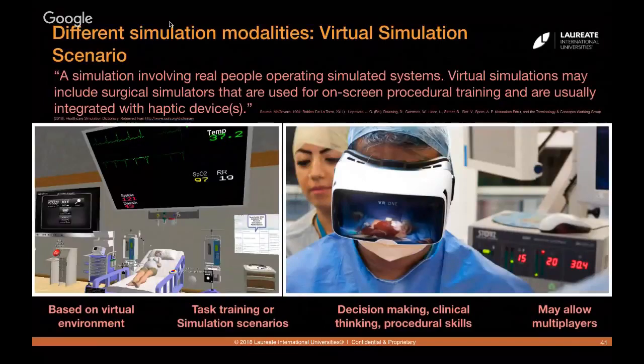The next simulation practice is the virtual simulation, and we have had some advances and advancements in virtual simulation, and it's about a simulation that involves real people who are operating simulated systems. So we can include here surgical simulators that are used for on-screen procedural training and are usually integrated with haptic devices. We have in some of our institutions some haptic simulators for dentistry, and they are really amazing.